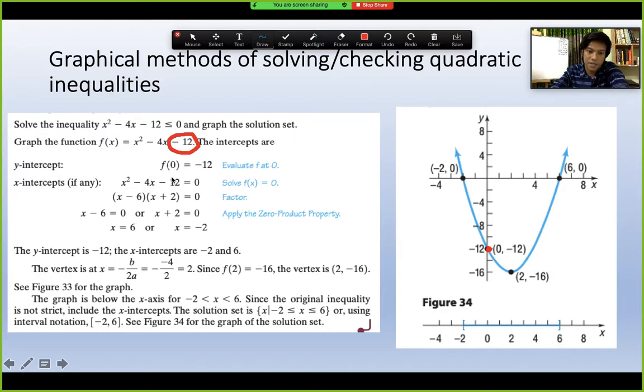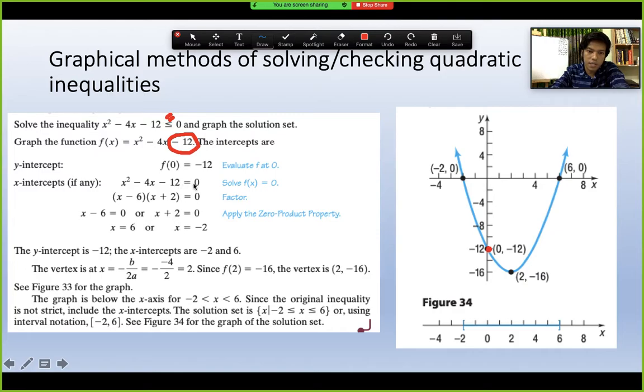Then to find the x-intercept, we write y equal to 0, or in this case we can just consider this inequality equal to 0. Instead of less or equal to, we simply write equals to, just for solving it.